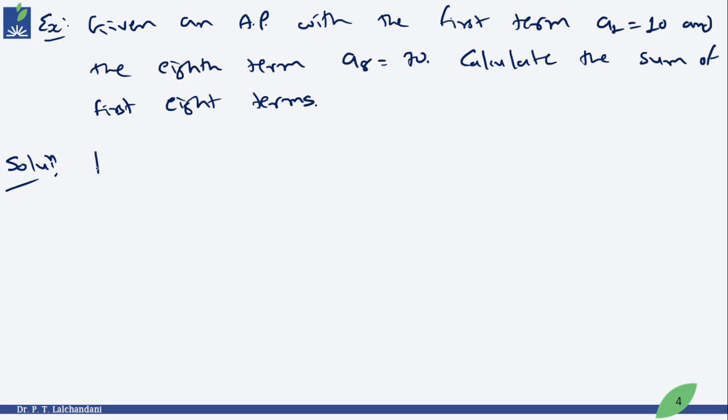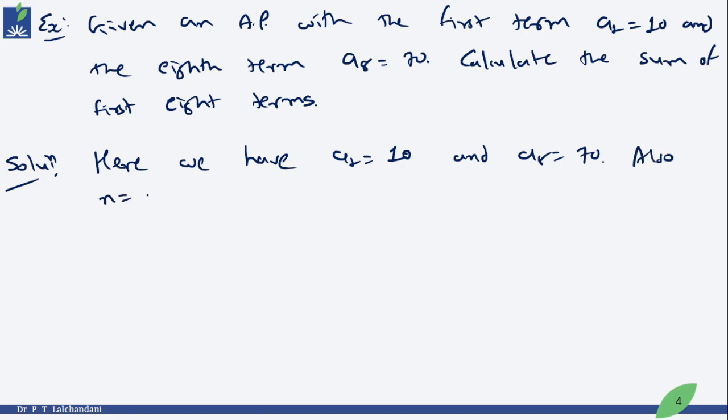Here a1 is equal to 10 and a8 is equal to 70. The question asks for the sum of first n terms, that means n is equal to 8 in this case, right?